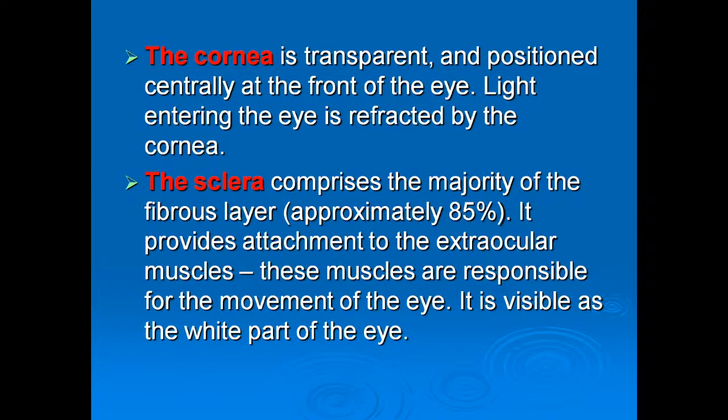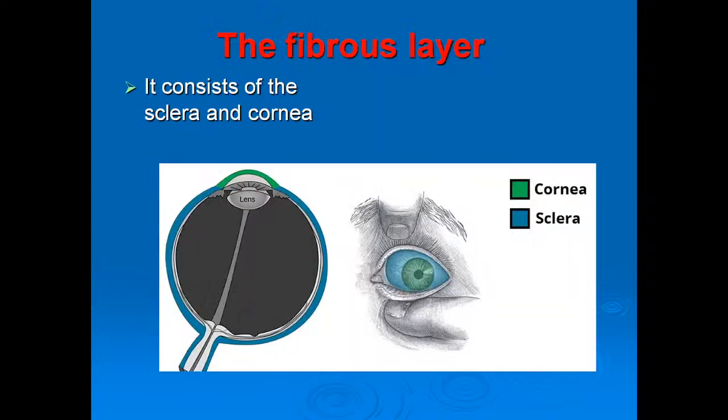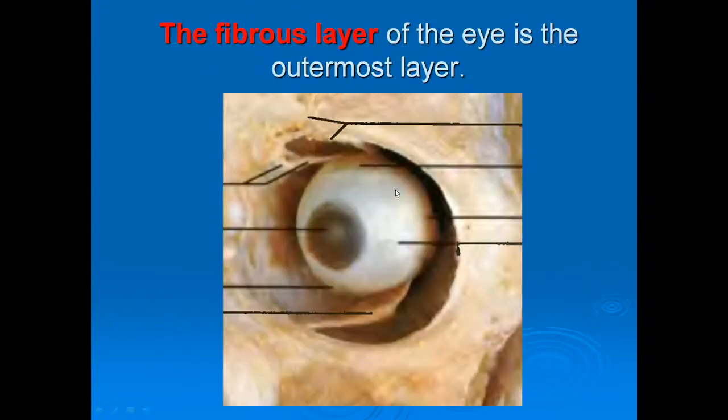It provides attachment to the extraocular muscles. These muscles are responsible for the movement of the eye. It is visible as the white part of the eye. Look, this is sclera, and centrally positioned, this is cornea.